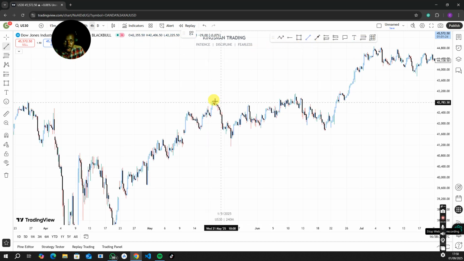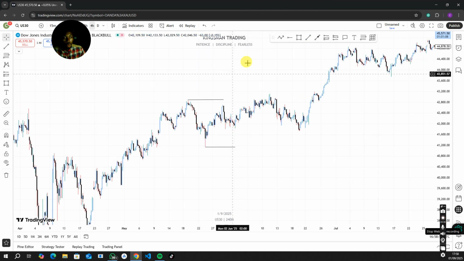We have this high to be our swing high, and we have this low to be our swing low. So now if we want to draw out our Fibonacci retracement tool, we pick it out.